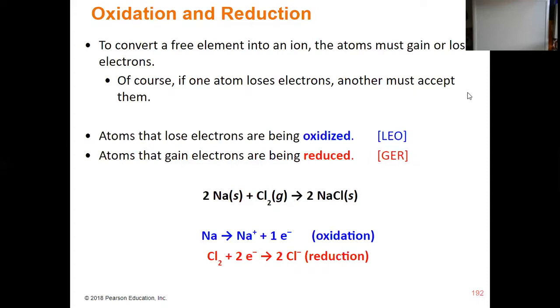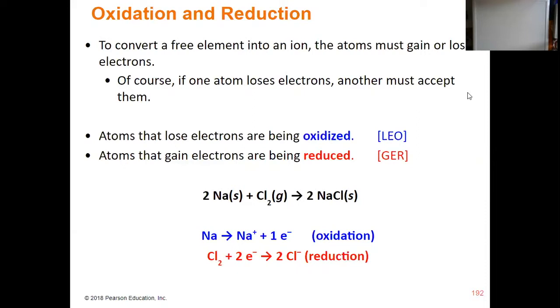Okay, so if you have an atom that loses electrons, that atom is being oxidized. If you have an atom that is gaining electrons, that atom is being reduced.